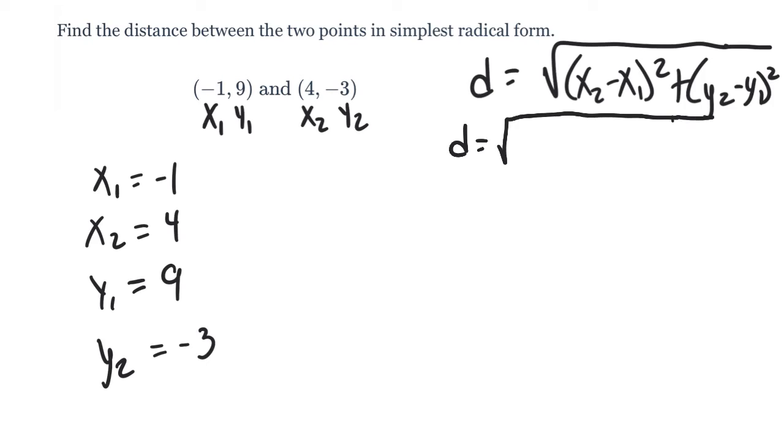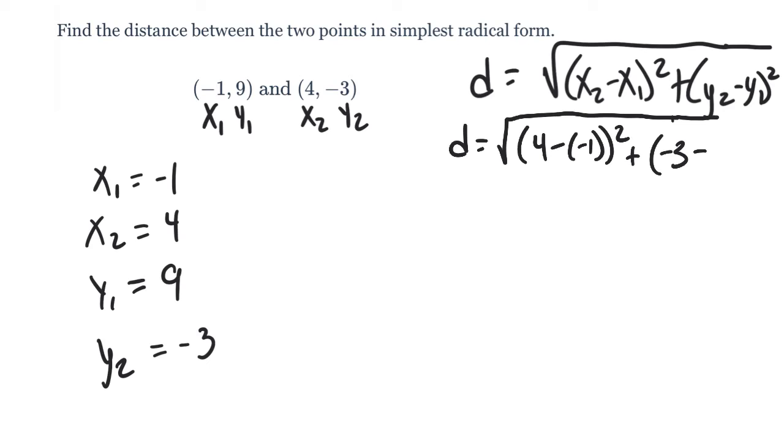So I brought down my d equals, so distance equals, brought down my radical. Now I just got to plug numbers in. My x2 is a +4. My x1 is a -1. So plug that in, and I'm going to square it and then add it to, my y2 is -3.